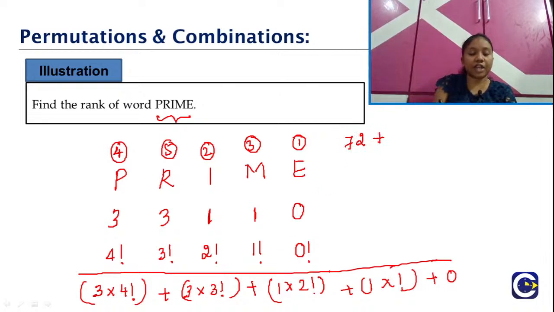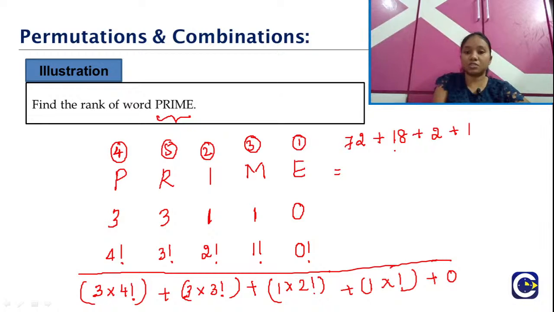And then 3 factorial will be 6. 6 into 3, 18. And then 2 into 1 will be 2. And then 1 into 1 will be 1. So 72 plus 18 plus 3, right? 90. 72 plus 18 plus 3.